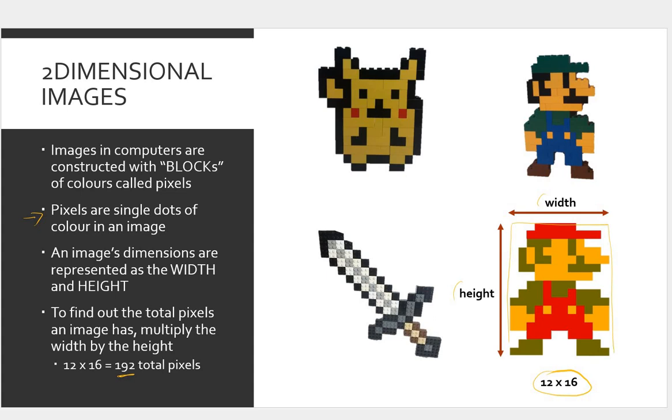And in this image of Mario, these white pixels in the background are counted towards that as well. Even though we work sometimes with images that are transparent, the borders of the image still make up a square or a rectangle. And that includes Pikachu over here, Luigi, and this sword item over here.